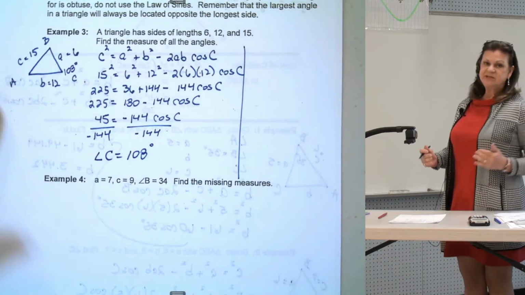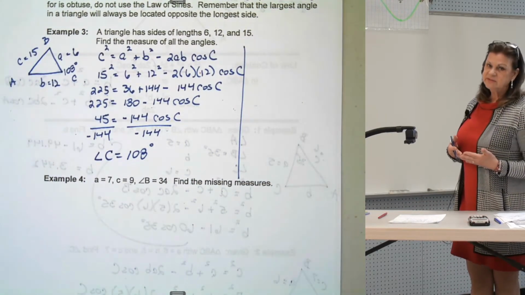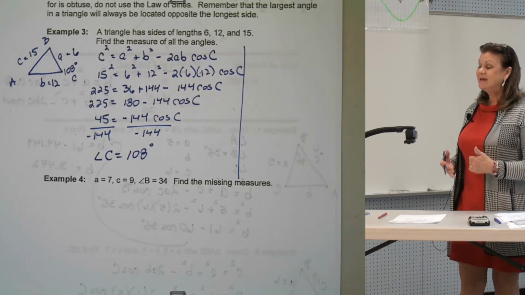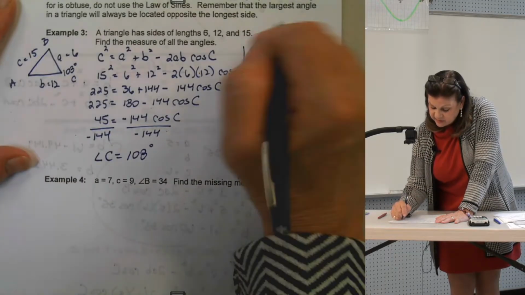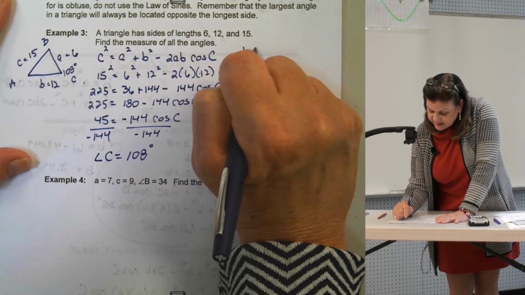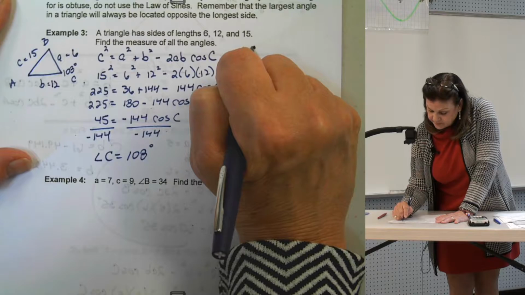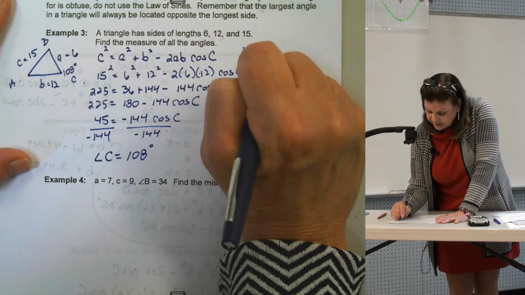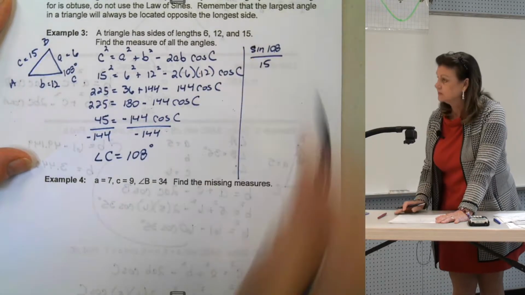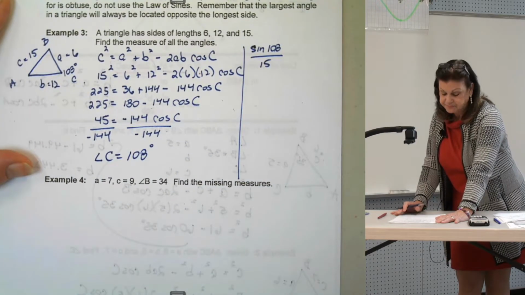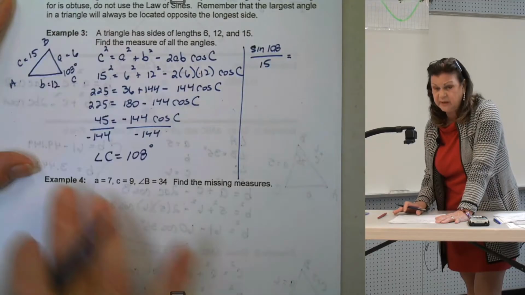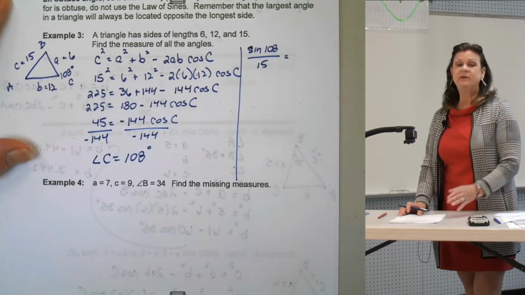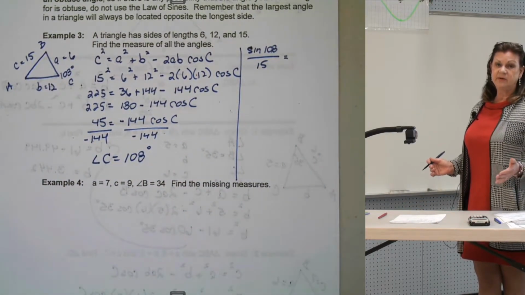now I've got a matching set. Now I have the angle for C and the side of C, and I've got A and B side lengths. So now I can jump into law of sines. So I can say the sine of 108 over 15, there's the part for C. And let's go after angle B. I know angle B can't be greater than 90 degrees.